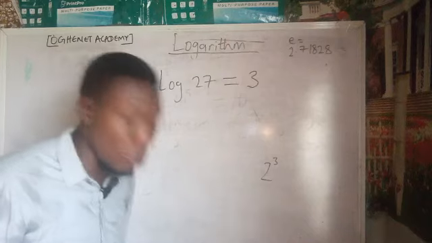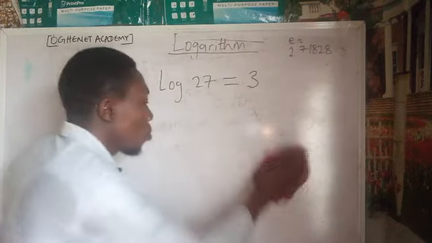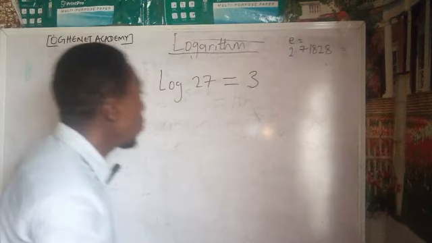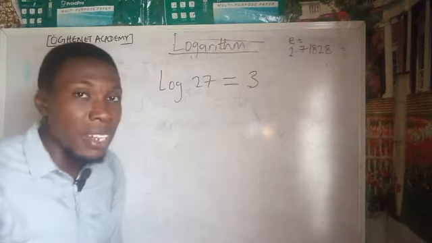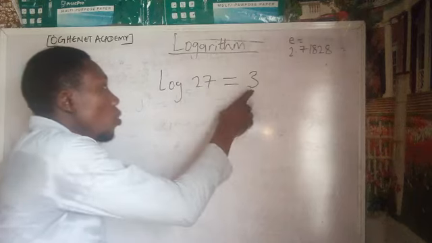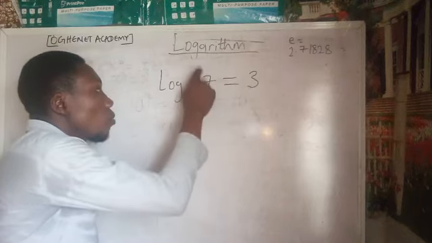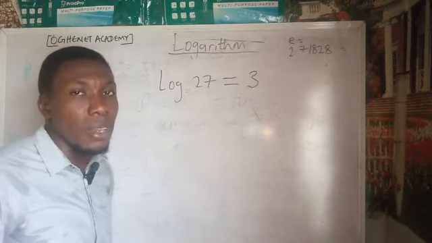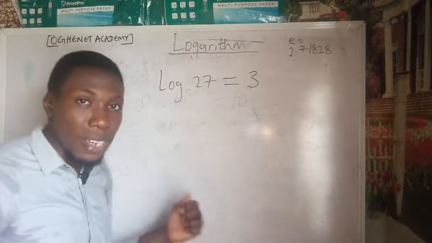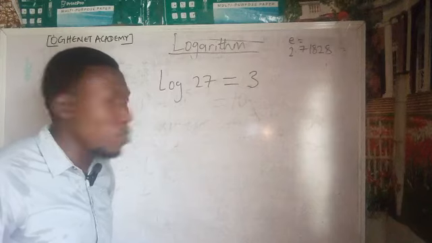So it's the exponent of 2, the power of 2. Now, this theory is the power that another number needs to be raised to give you this 27 that you are looking for the logarithm of. So that's exactly what I mean by what I defined a while ago.